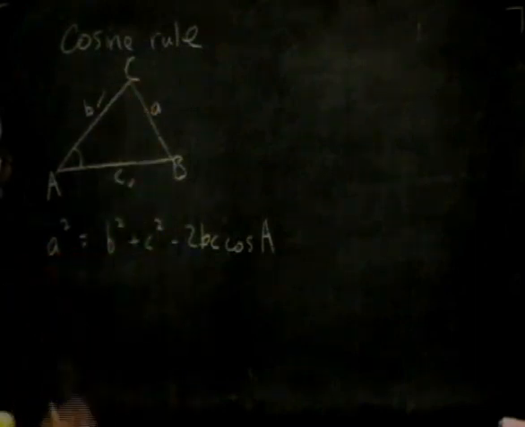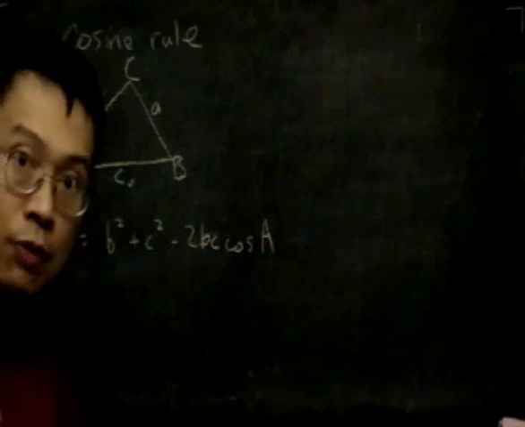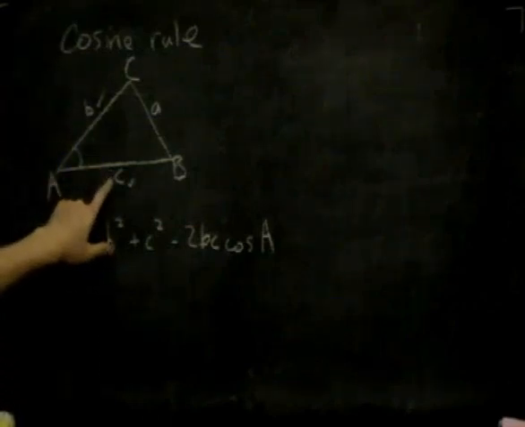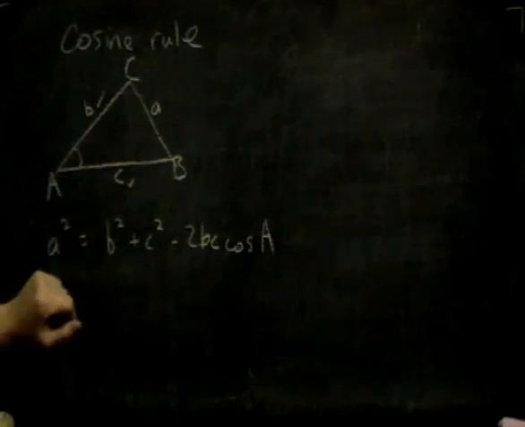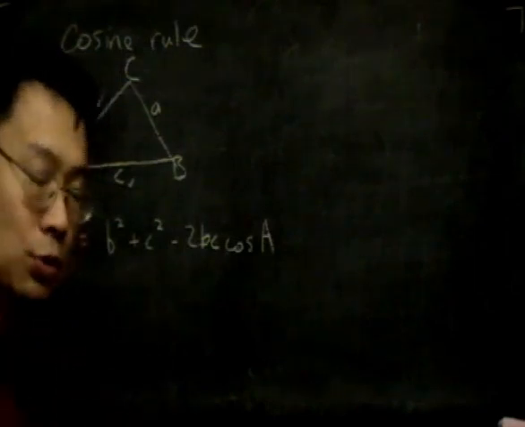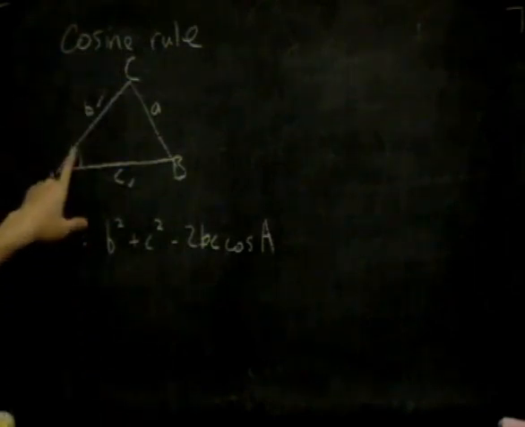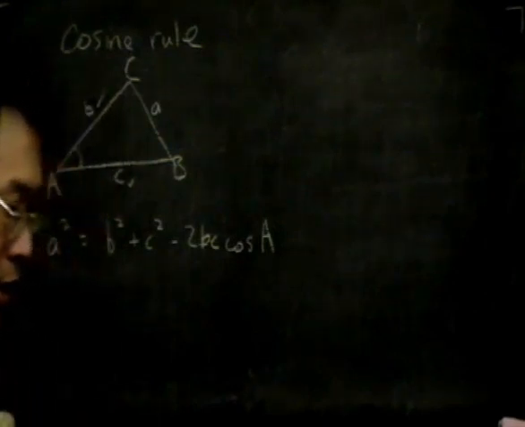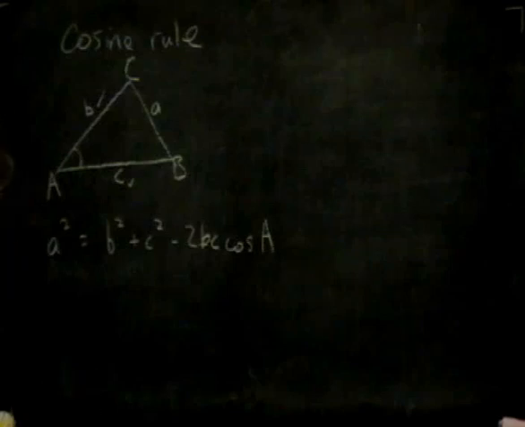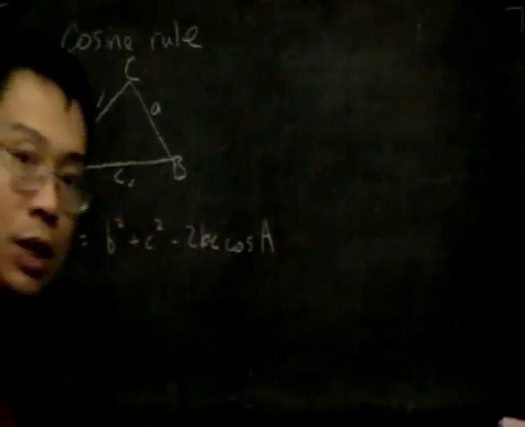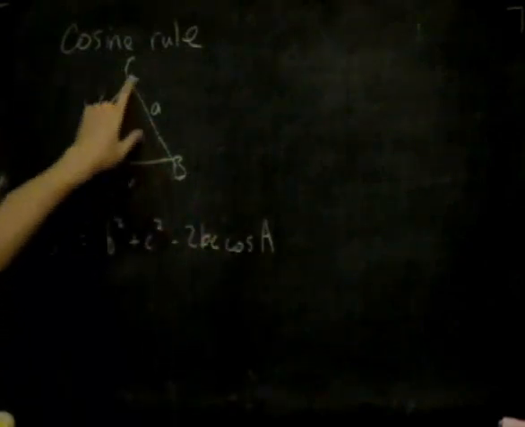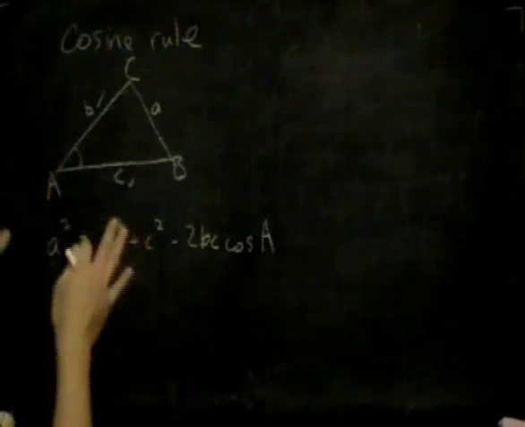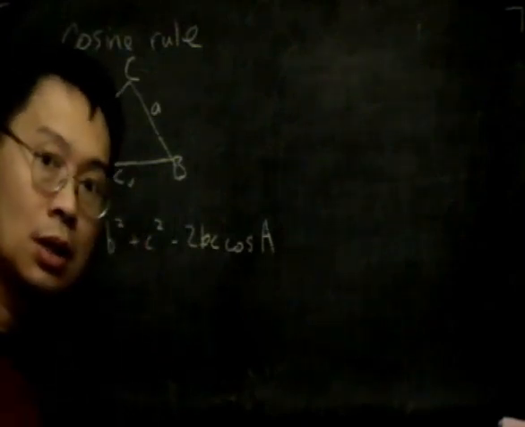So suppose you have a question in which you are given 2 sides b and c. You're given the values of those 2 sides, and you're also given the value of the angle in between the 2 sides. If you have such a situation, then you can use this formula to find the remaining side. That's exactly how we could use the cosine rule.